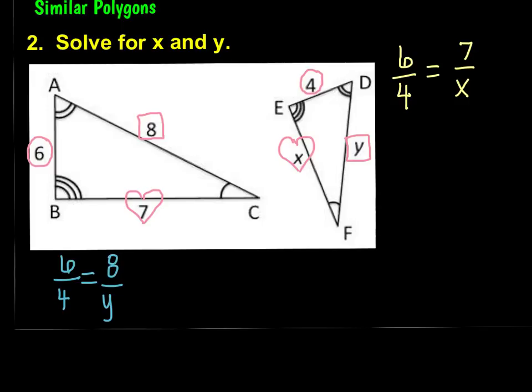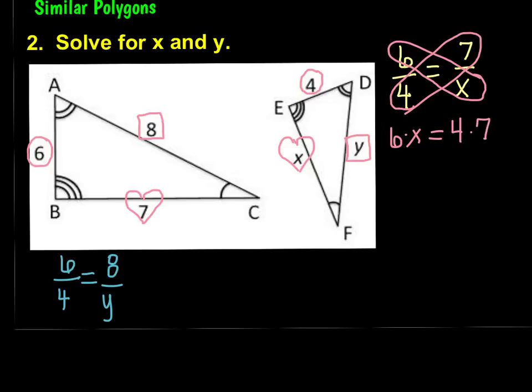Now we do what we did on the last problem. We cross multiply. So I'll go over here. So 6 times x equals 4 times 7. 6x equals 28.